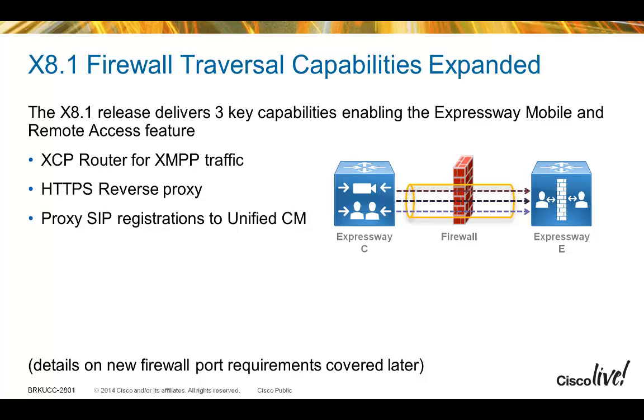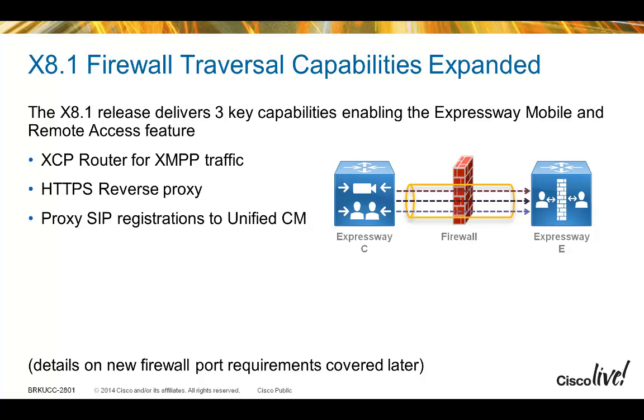You can leverage that also for XMPP federation. There's a question back here. Exactly. For the XMPP federation, we'll have to open another port to the Expressway E, but you don't have to do any port forwarding to your Presence server. All right.